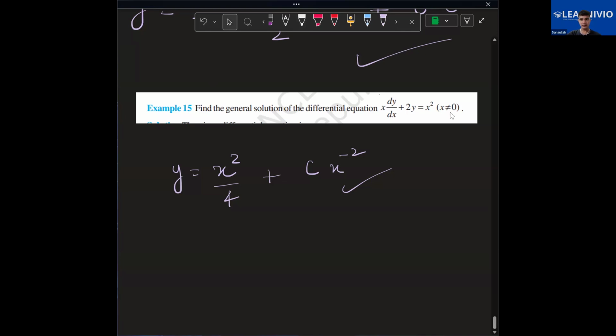And why x is not equal to 0? What is the reason for x is not equal to 0? तो सिंपल है.